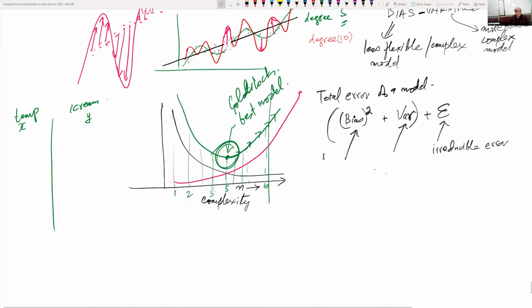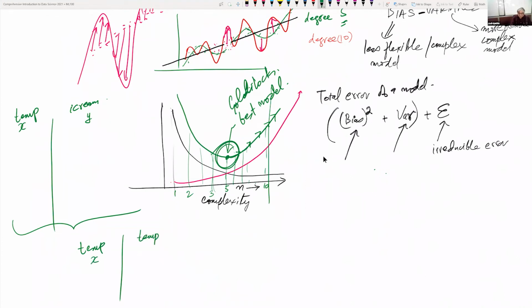So what you would do is expand this into another table: temp, which is your x, and the temp squared, that is the x squared value, the same x. Suppose this was 16 degrees centigrade, then you would make it 256. And this is your y, as simple as that.